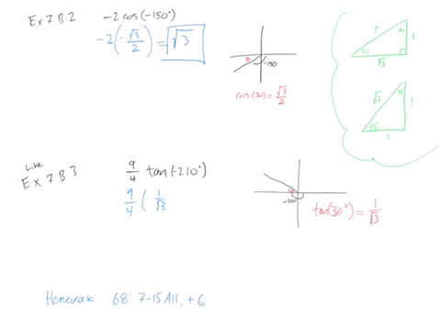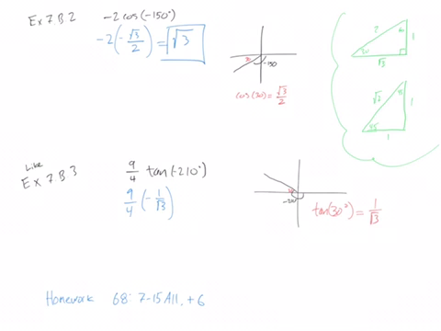And then in the second quadrant, this is again going to be negative because tangent is the ratio of y over x. Y is positive, x is negative. So this is going to be the value of this tangent of negative 210. Now we just need to evaluate and simplify, of course.